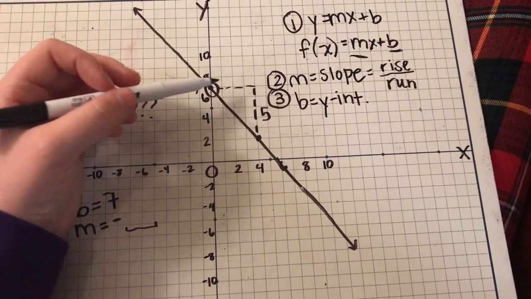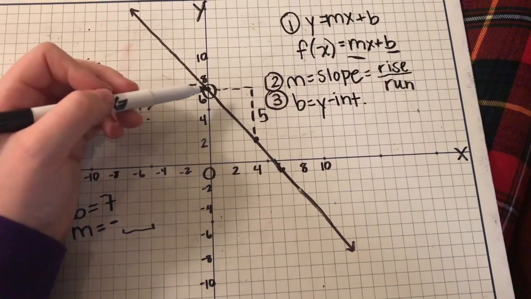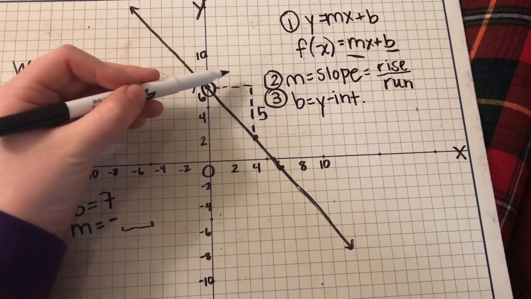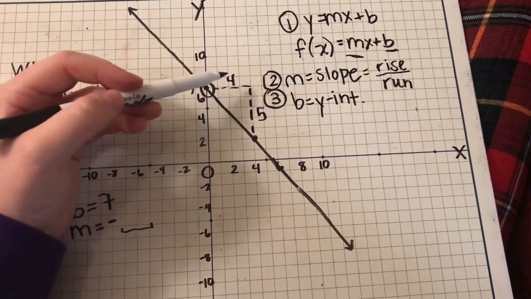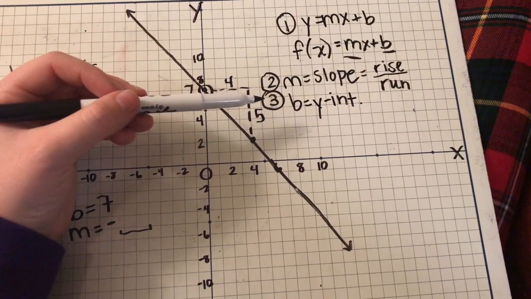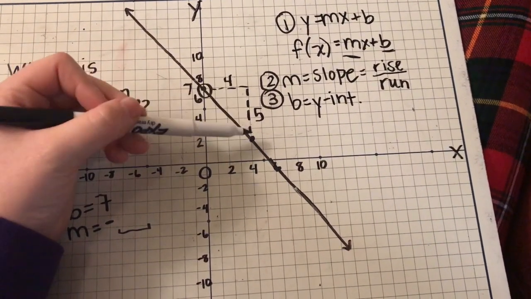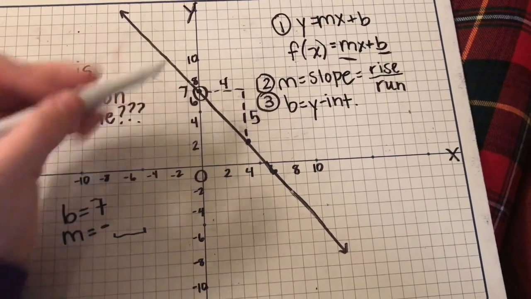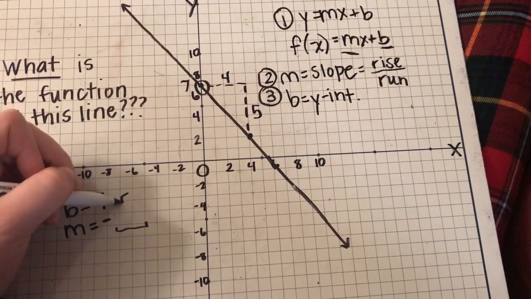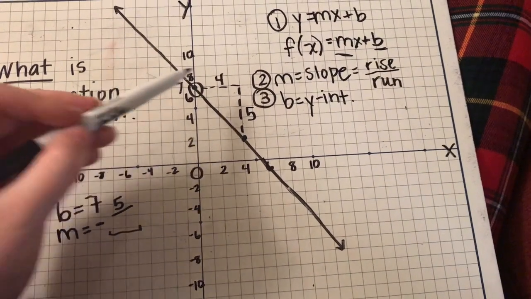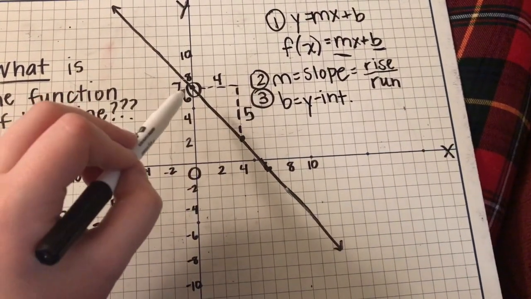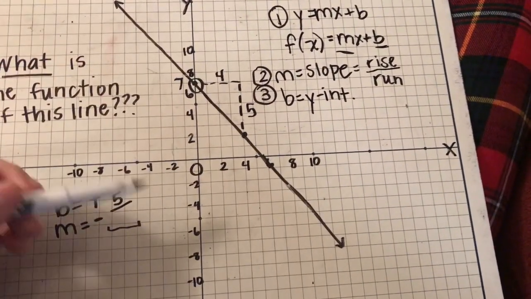And our horizontal change from 0 to 4 is 1, 2, 3, 4. So our slope, which is rise over run, we have a rise of 5, because that's rise up and down, vertical. Rise of 5. And a run side to side, like you would run, of 4.